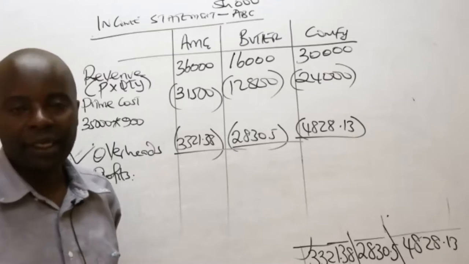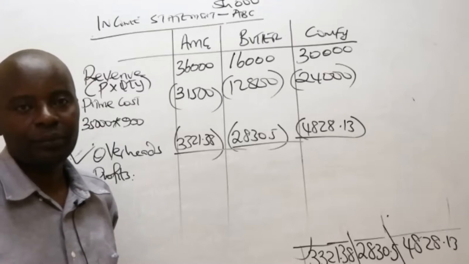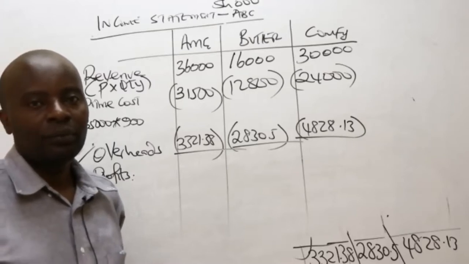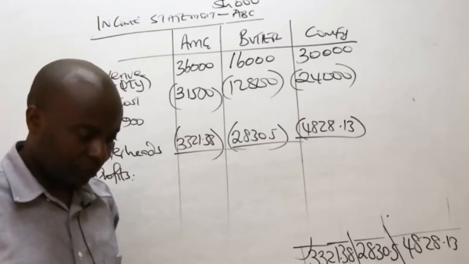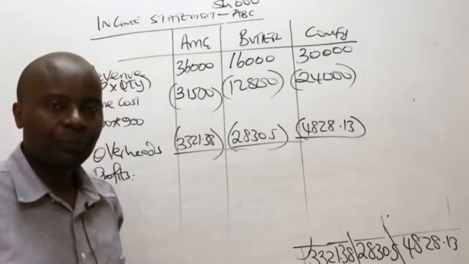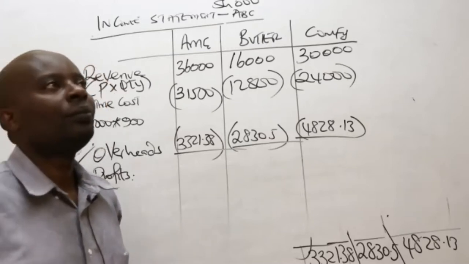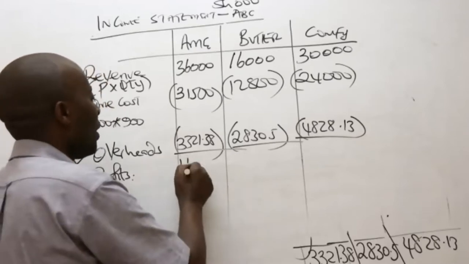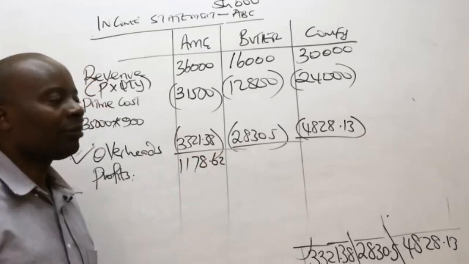What we have there. 1178.62. How about butterfly?